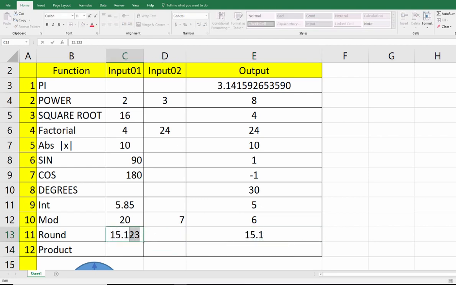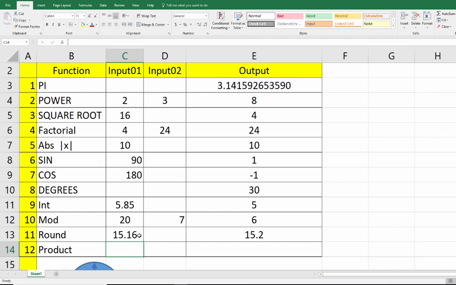But check this out, I would like to show you something else. 15.16. Look what happened. The number turned to 2. Because when you pass the school with a 3.5, you say you passed the class with 4, not 3.5.